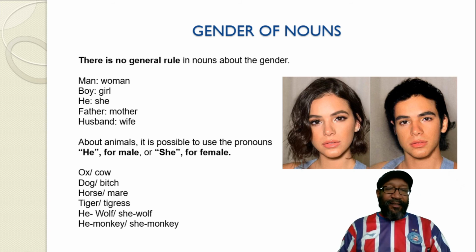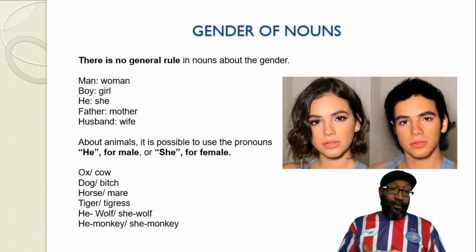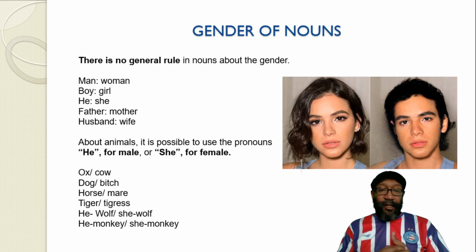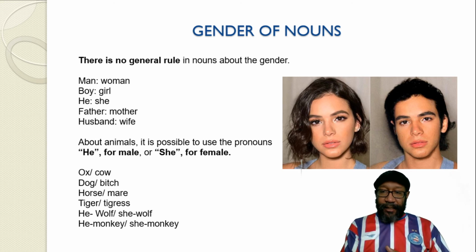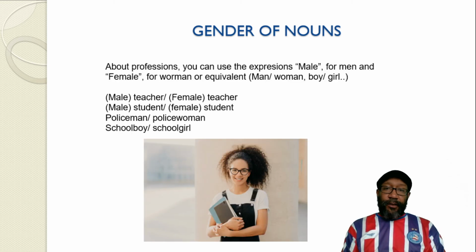So we have ox, cow, dog, bitch, horse, mare, tiger, tigress, he wolf, he monkey, she monkey. So you can use he and she to identify the gender of the animal, if it's important for you in the situation. About professions, we can use the expression male for man or female for woman, or equivalents man, woman, boy, girl.